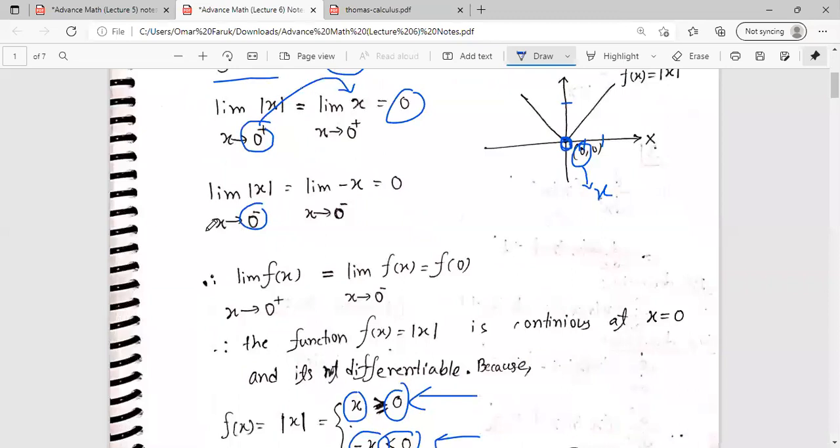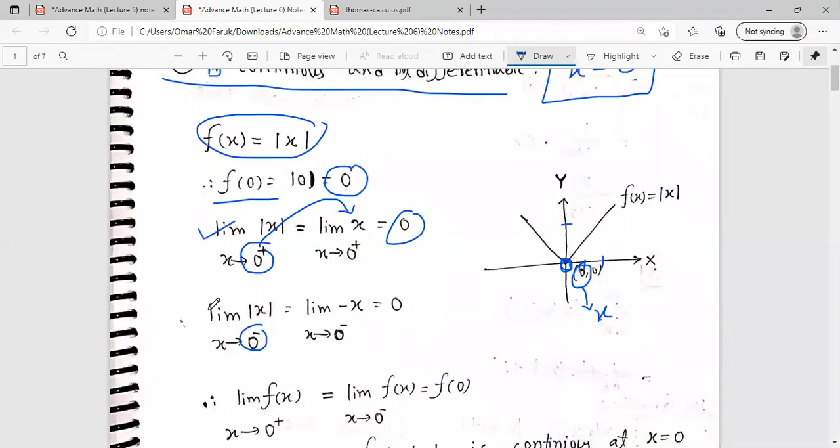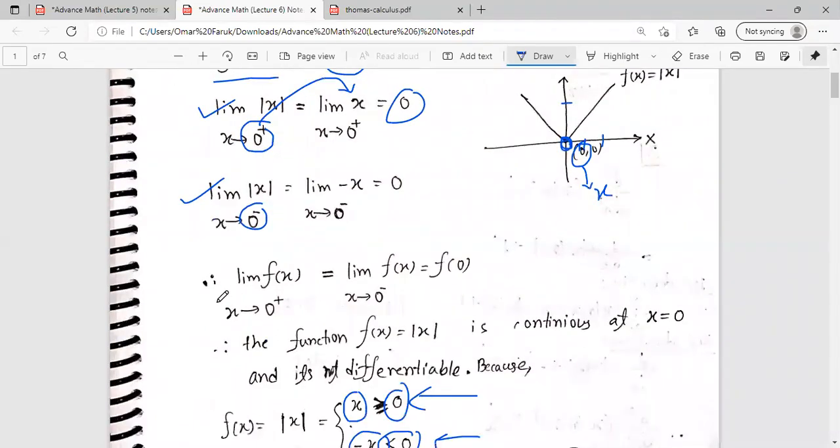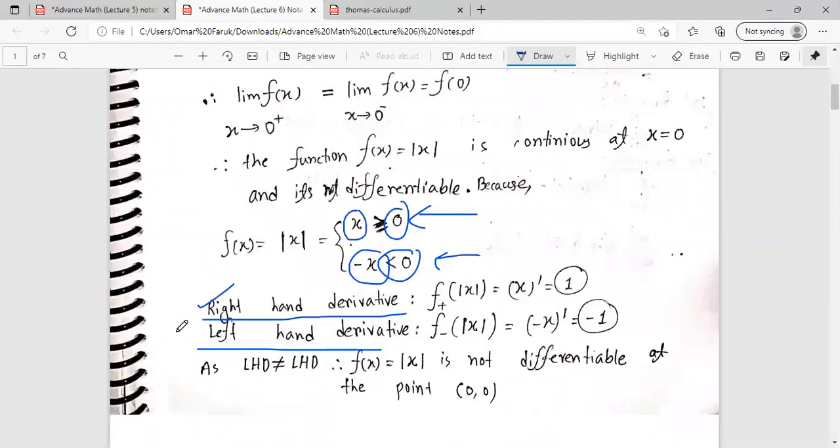Previously, we calculated the right hand limit and left hand limit. Now we calculate the right hand derivative, which is the derivative of x, so it will be 1. And the left hand derivative is the derivative of minus x, which is minus 1. You see here, they are not the same, right?